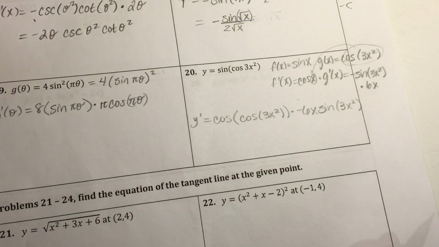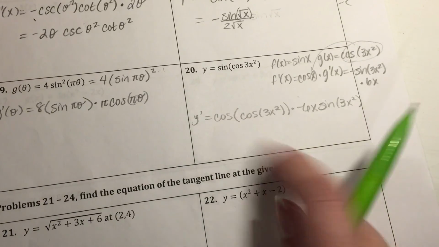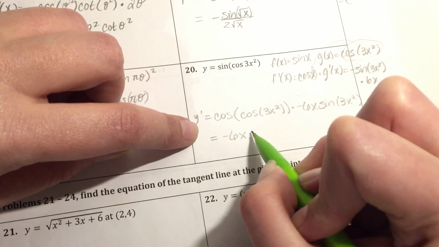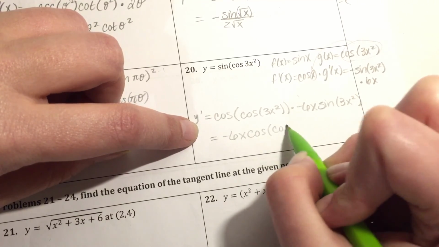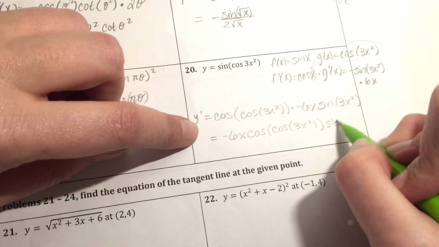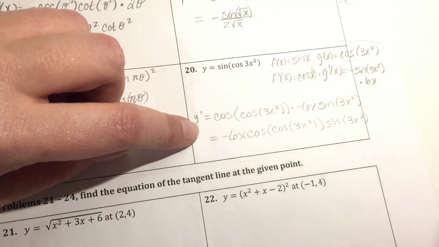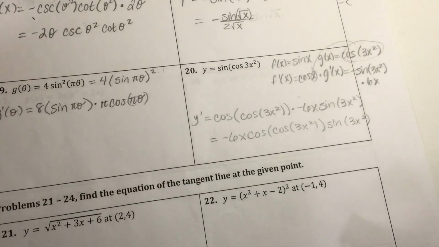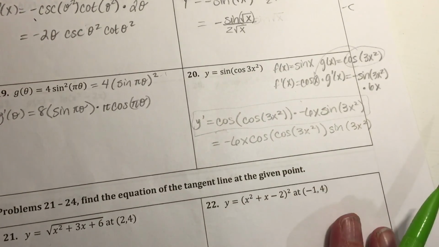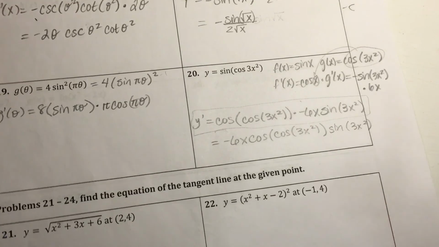Okay? And if you want to make it pretty, you can put this in the front or whatever. So it would be negative 6x cosine of 3x squared sine of 3x squared. Okay? But this one was totally fine. You don't have to go any farther with that one. Okay? All right, that is it.